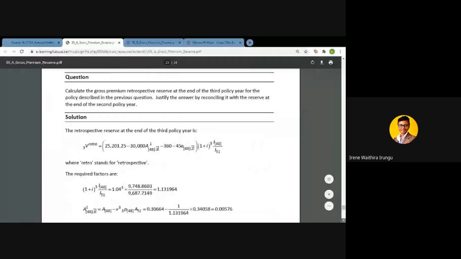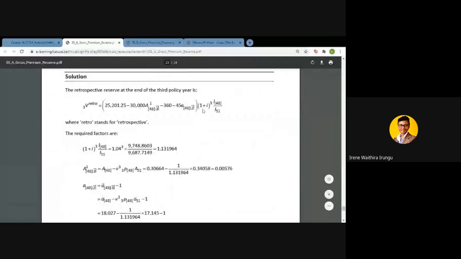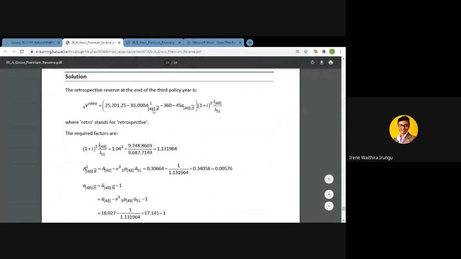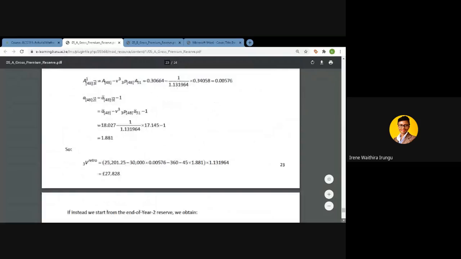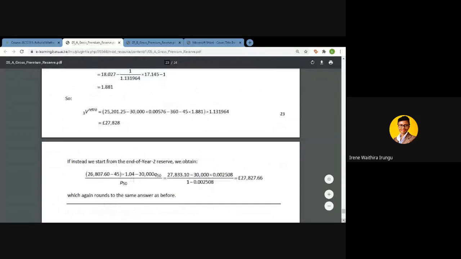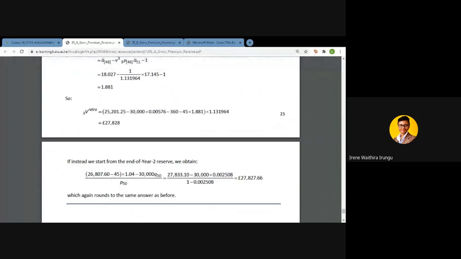So this is the equation which we would want to evaluate for the reserve as at the end of the 2nd year, where you'd have to compute all this individually like we did in the earlier example. However, we are saying that we can simply take it to be the reserve as at the end of the 2nd year minus the expenses which have been incurred between year 2 and 3, which is what we have there as 45.